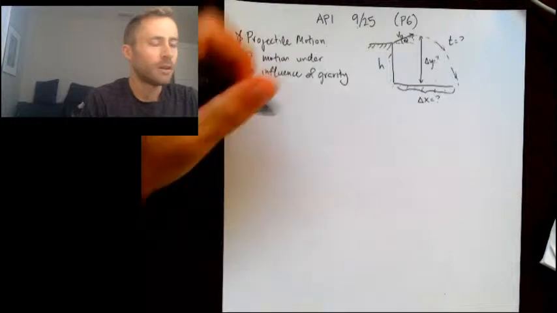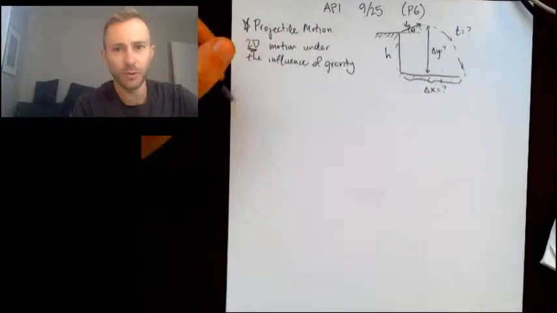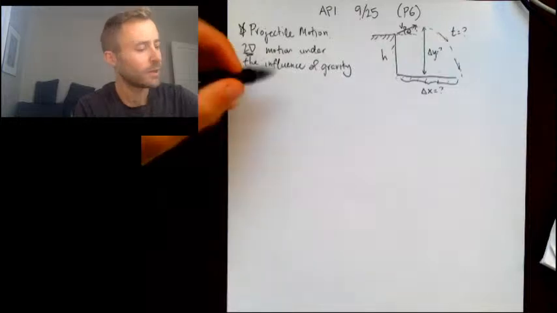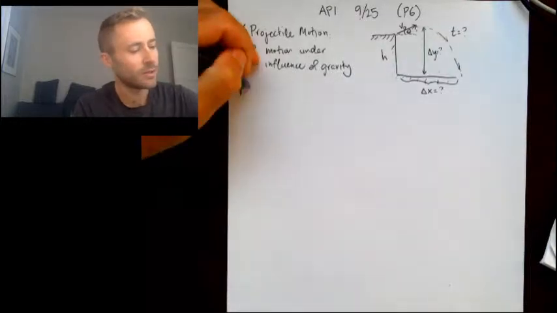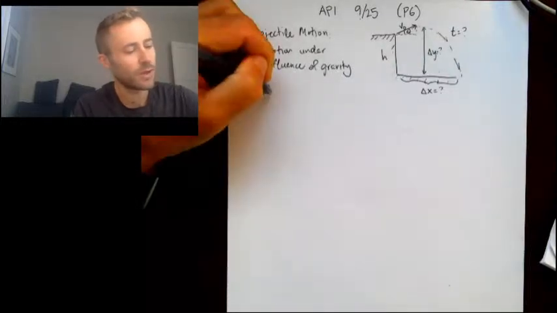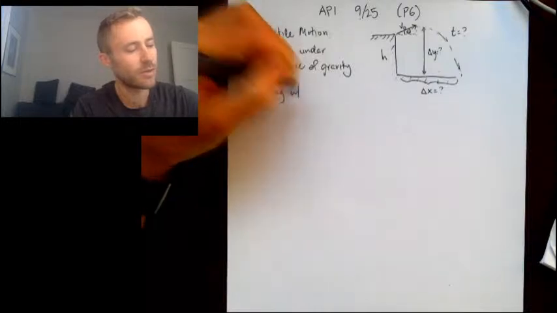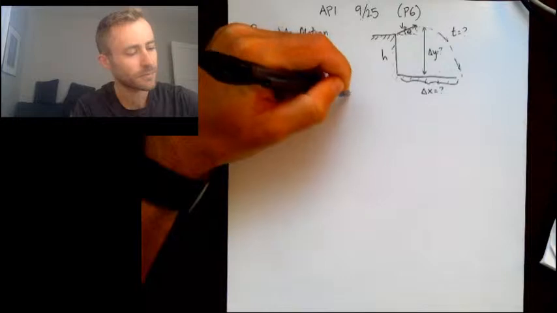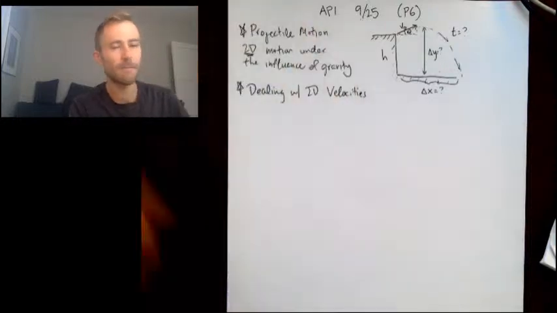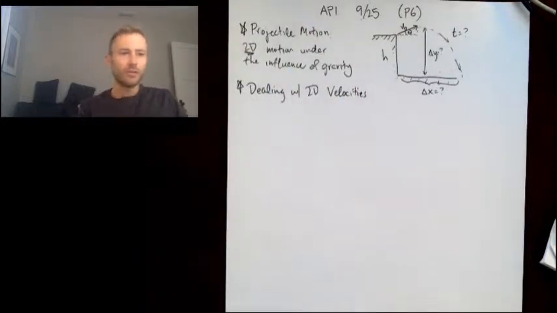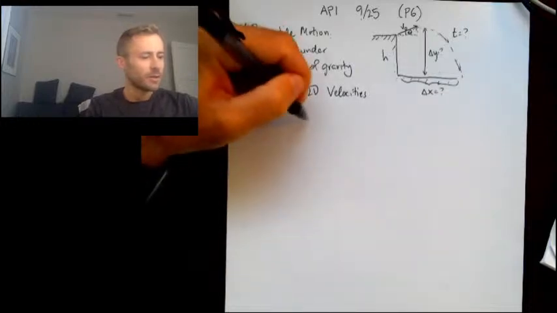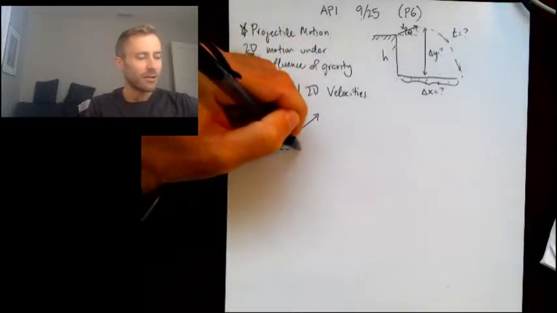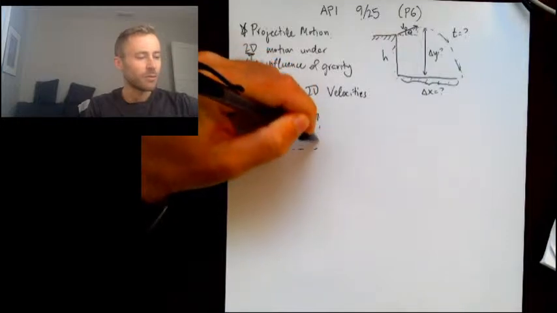All right. So the first step in learning how to solve two-dimensional motion problems is learning how to deal with two-dimensional velocities. When I say a two-dimensional velocity, I mean a velocity that is at an angle.